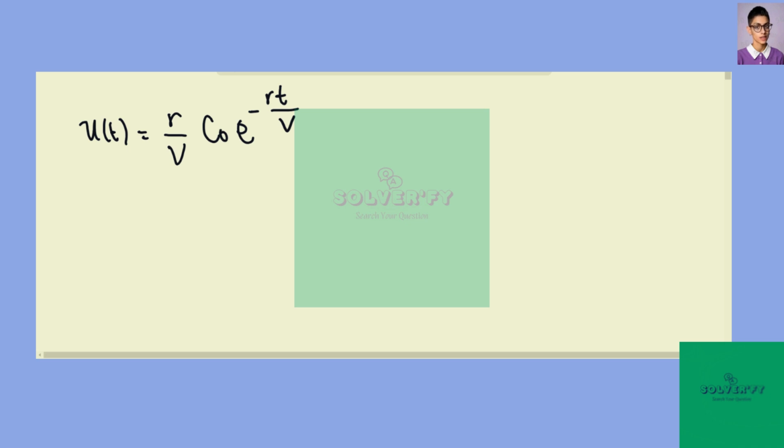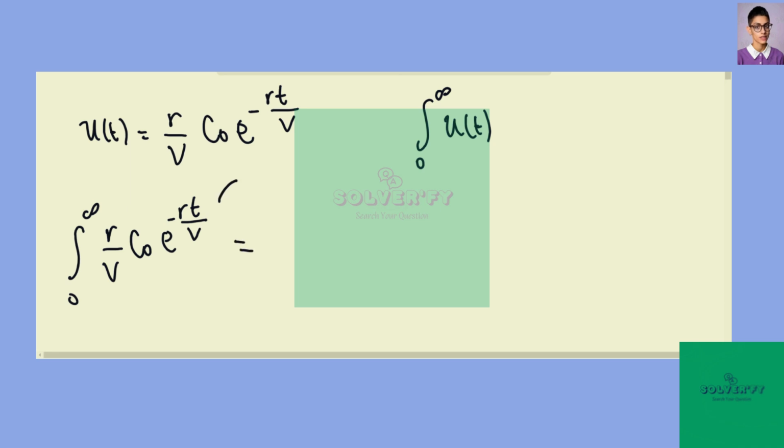Then, what we need to calculate first is the integral from 0 to positive infinity of the function u of t. We just simply put the function here. And now we need to determine which of these quantities depends on the time, on t.